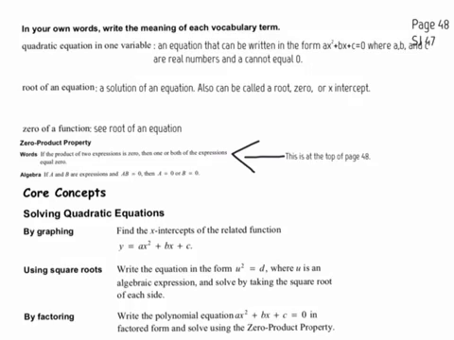There are several different synonyms to the word root, and that would be zero, root, x-intercept, solution, all of those things. Now remember, an x-intercept is where the graph crosses the x-axis. So the root of an equation is where it crosses the x-axis. It's called a zero, a root, an x-intercept, or the solution.